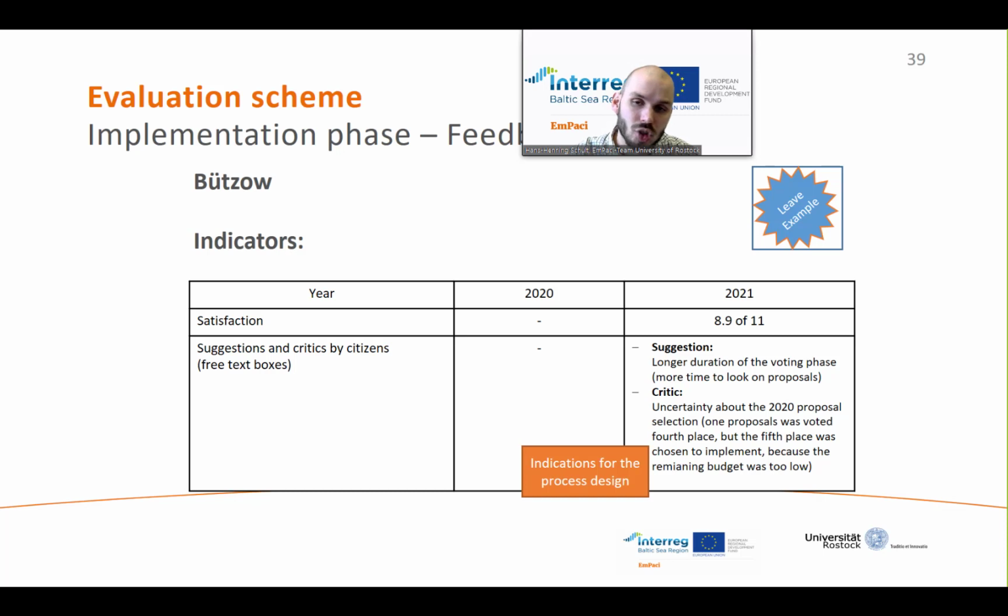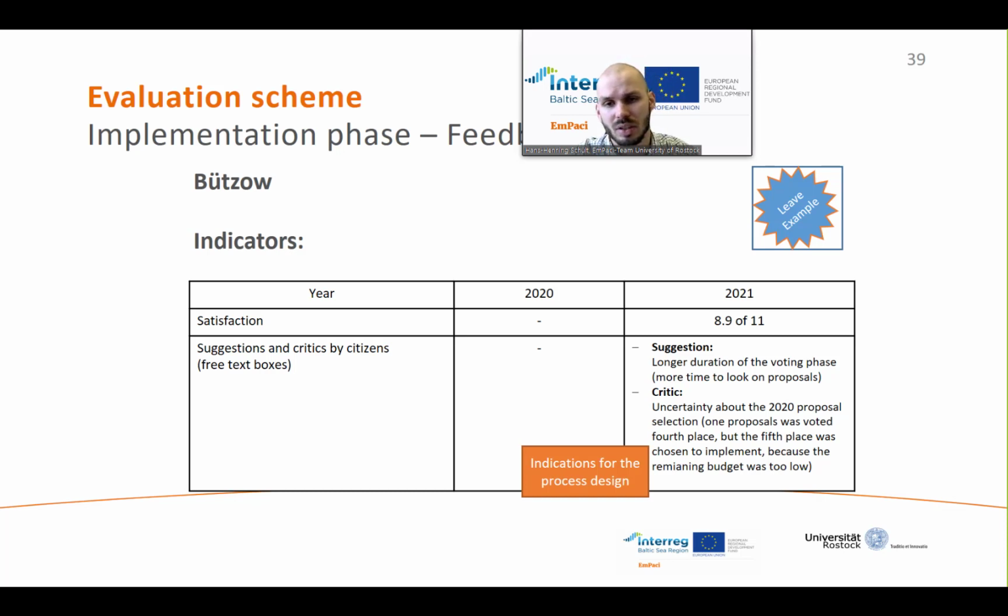One suggestion was to have more time for the voting phase to really look up all proposals, study them, look all through, and think about the distribution. The citizens felt it was too short, just, I think, 2 weeks to do the voting.